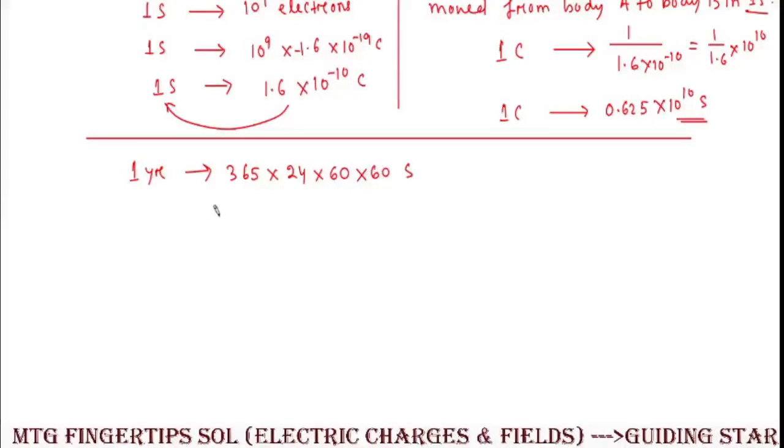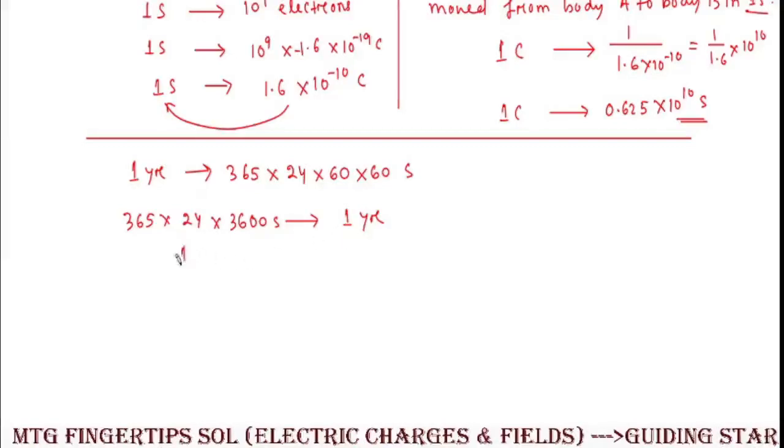So if you want to convert that second into year, 365 into 24 into 3600 is approximately equal to 1 year. This much second is approximately equal to 1 year.